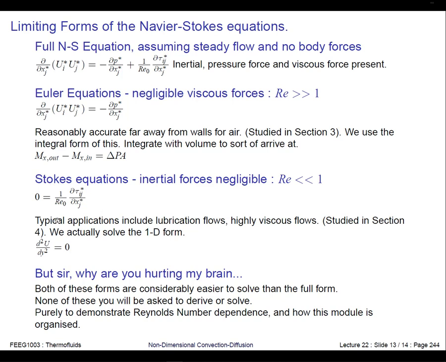We consider this equation as a basis for all of the viscous flow problems that we look at within the last five lectures of this term. The one we end up solving is a 1D form of this, which is actually this.